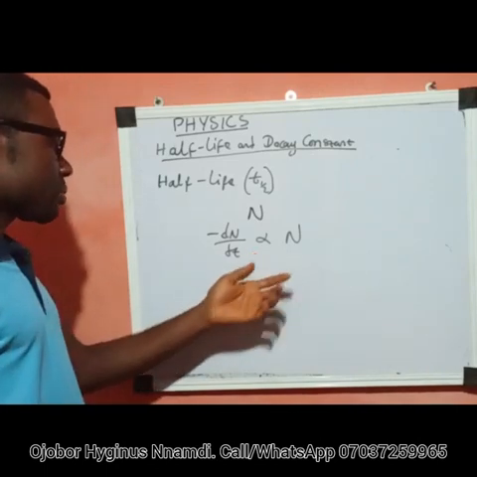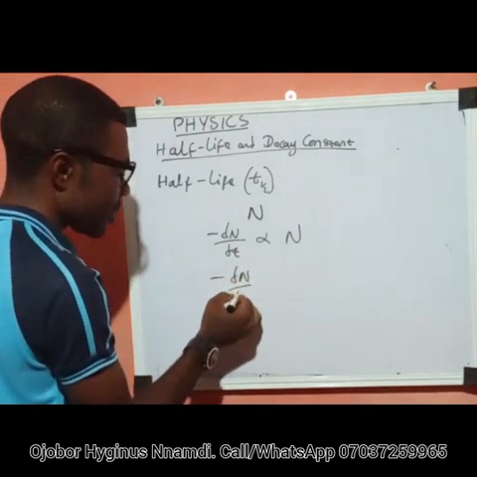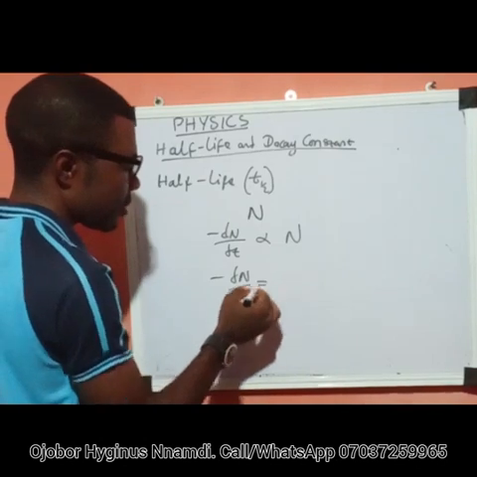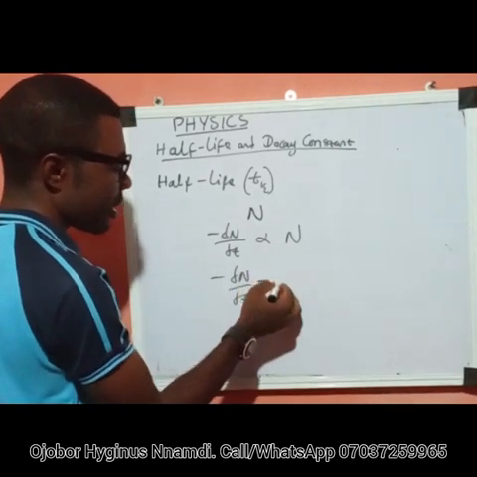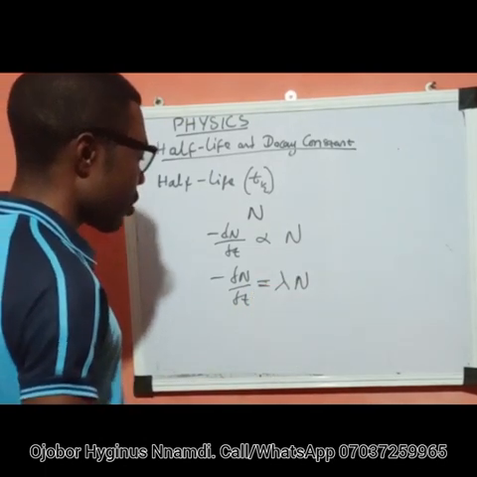This is a relationship, and we know that in mathematics, if we remove the proportionality sign and introduce an equality sign, we have a constant. Here we call it the decay constant.